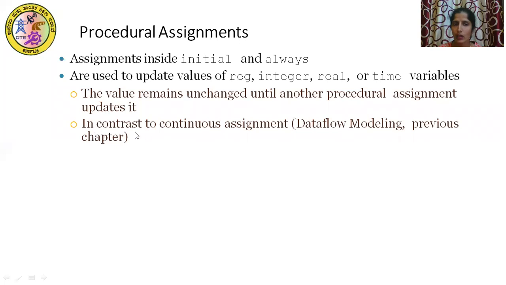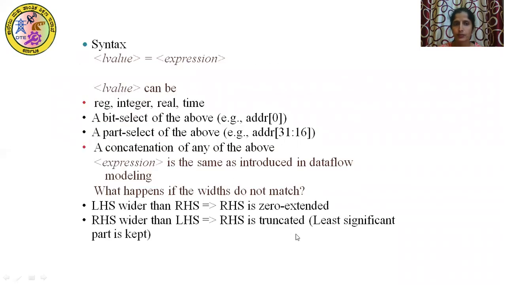Whereas the same will not happen in the case of data flow modeling, because it is a continuous assignment, very much different from procedural assignment, where the values get updated immediately. Here, the value remains unchanged until another procedural assignment updates it.